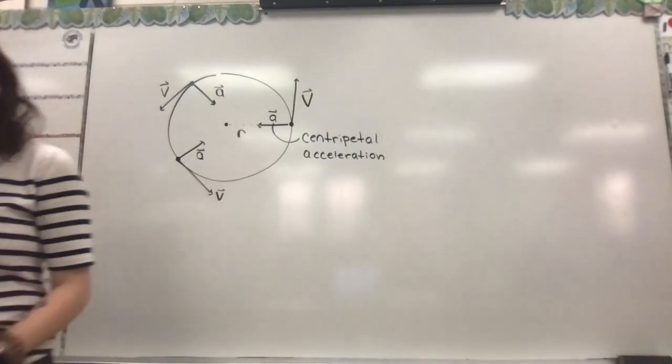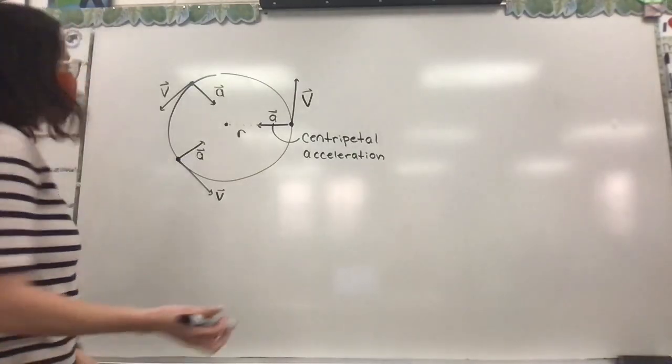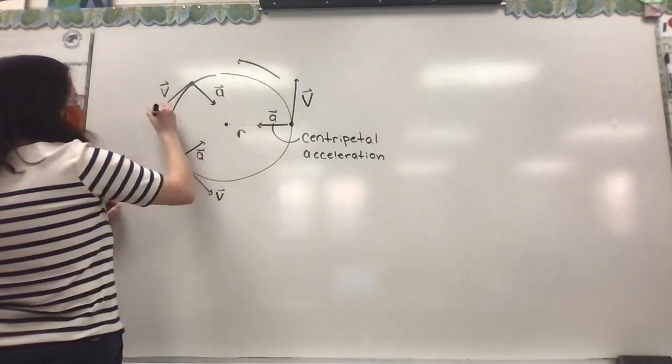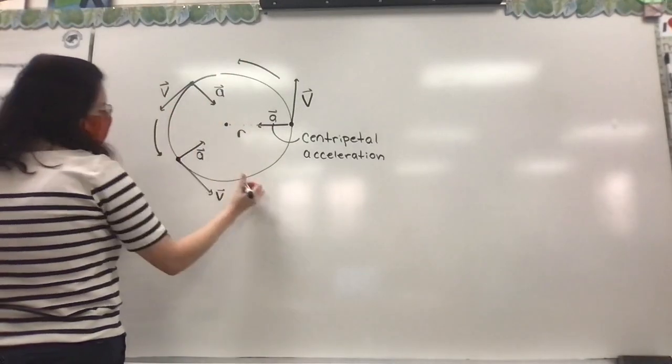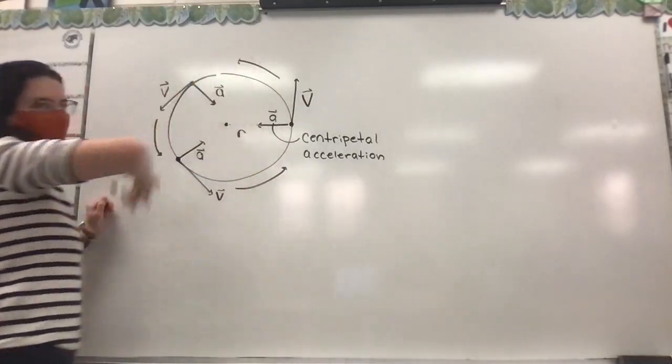Now, the particle can also have something that we call angular velocity, okay? Angular velocity is not going to be tangential. It's the velocity of it going all the way around.